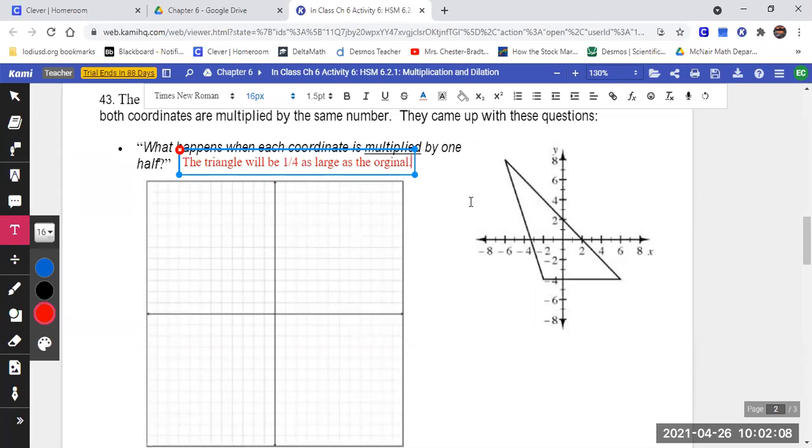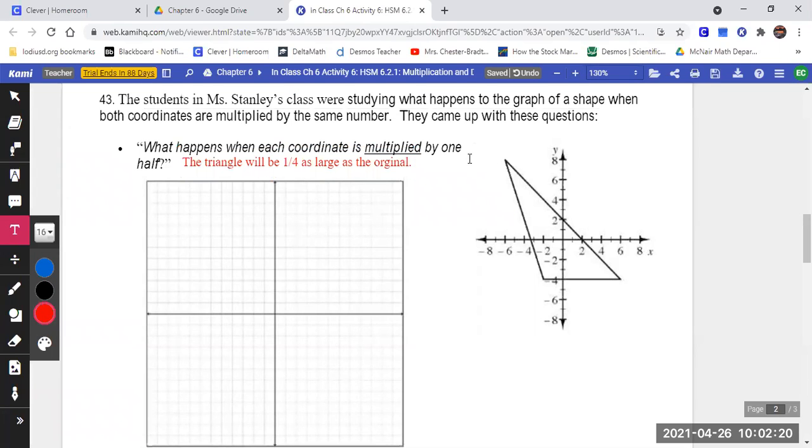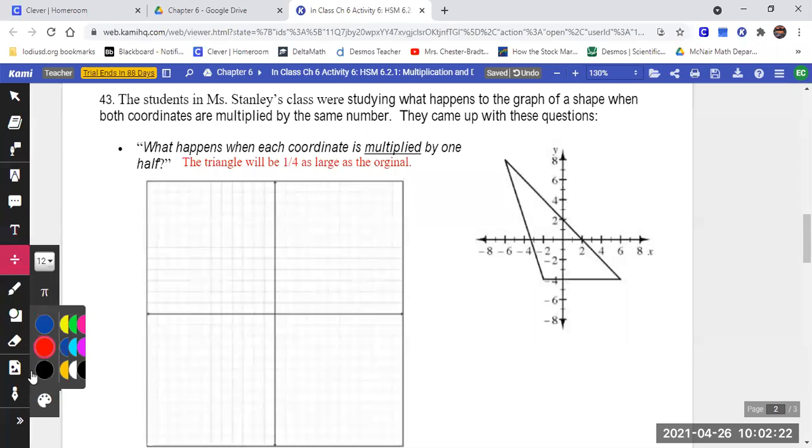First thing, we need the coordinates on the corners of the triangle. What are our original corners on our triangle? I'm going to keep my red as my original. So I need the coordinates at the top, on the left bottom, and on the right bottom. So someone give me top.